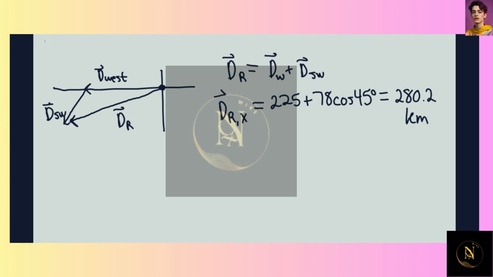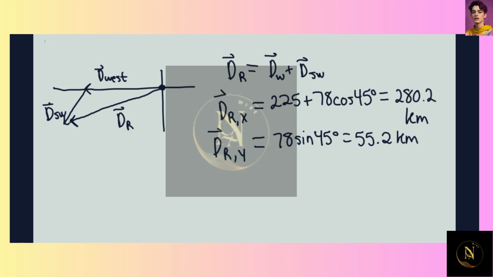For the southern displacement, so it would be the resultant displacement in the y direction. This would be 78 sine of 45 degrees, giving us 55.2 kilometers.